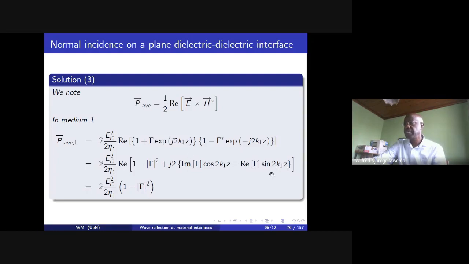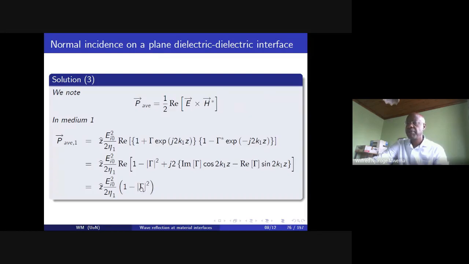Now once we multiply this out, we get an imaginary part, which will be dropped out by the operation of taking the real part. And we see that P1 average is given by the power in the incident wave less the power reflected at the interface.